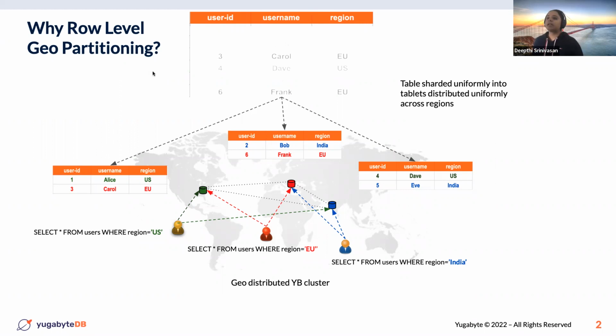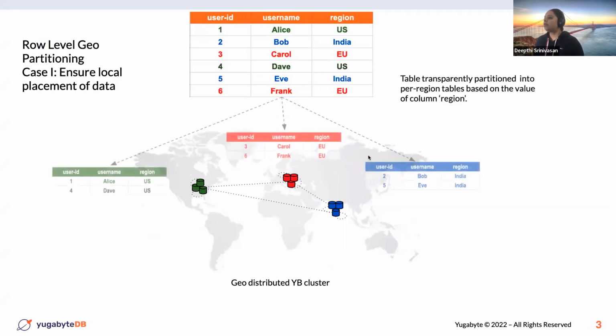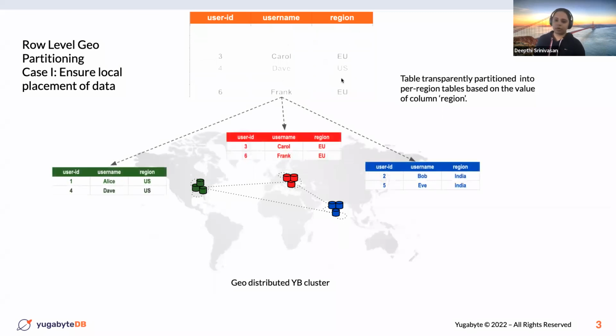This is where row level geo-partitioning comes into play. Given that we have some knowledge about where the rows are going to be accessed, we can use row level geo-partitioning to create some rules on our table. I have this table and I want to partition it based on this column called region.